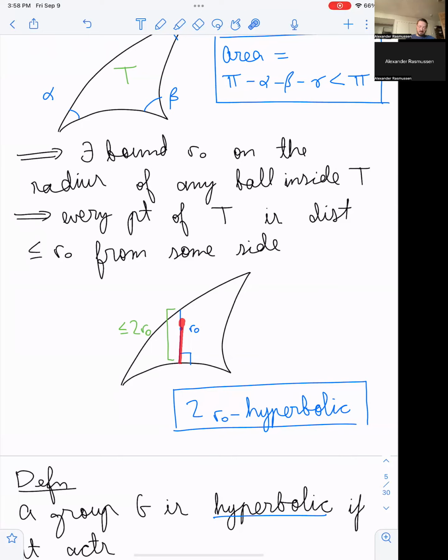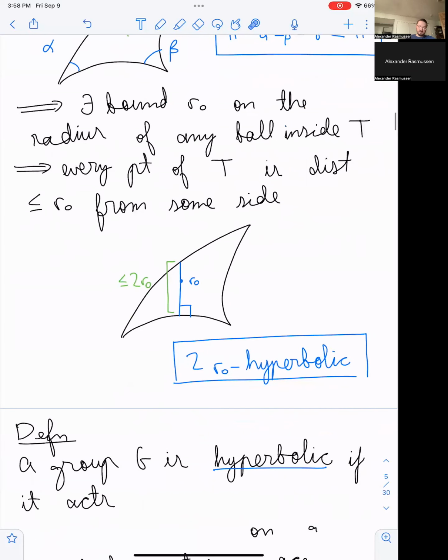So we're distance at most R naught from either this side or this side. So our original point on our original side is distance at most 2 R naught from one of the other two sides. So this metric space is 2 R naught hyperbolic. And again, you can calculate R naught very explicitly if you like.